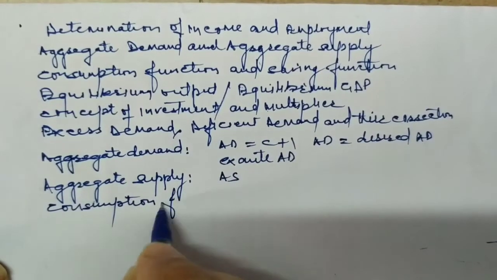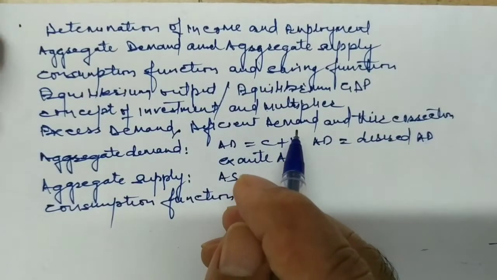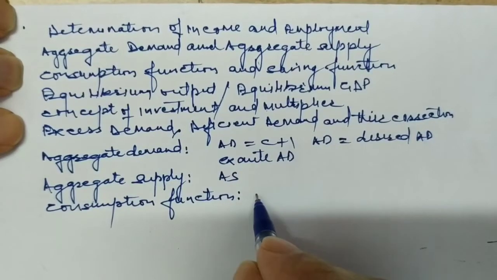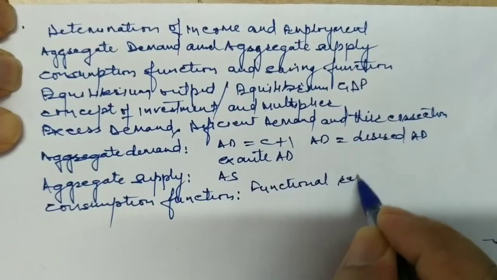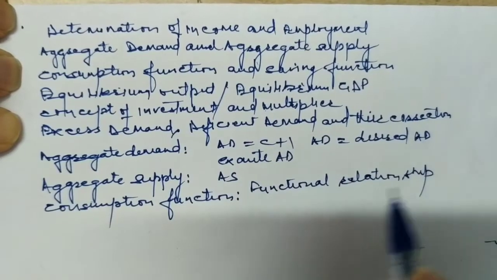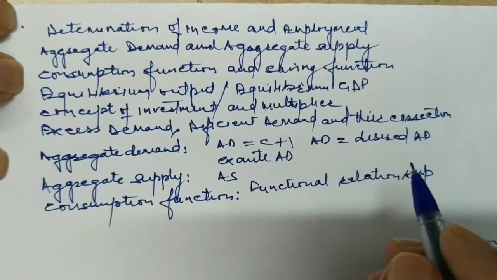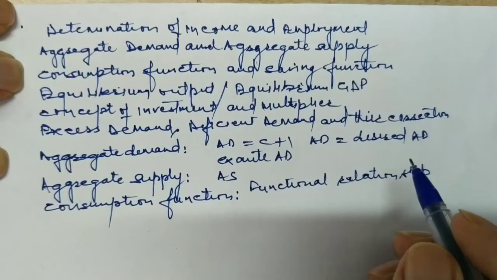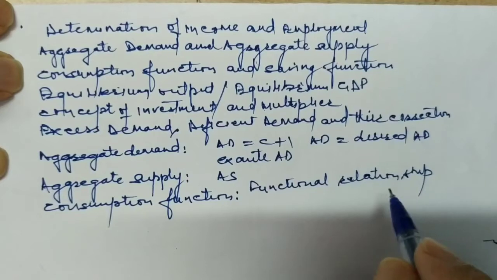Consumption function is the functional relationship between consumption and income. Consumption is positively related to income. What does it mean?